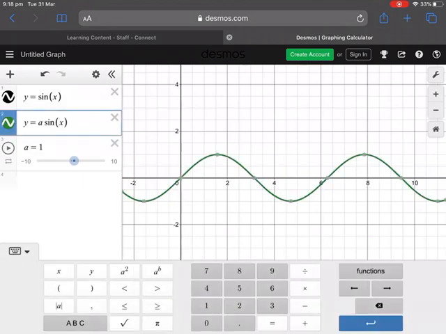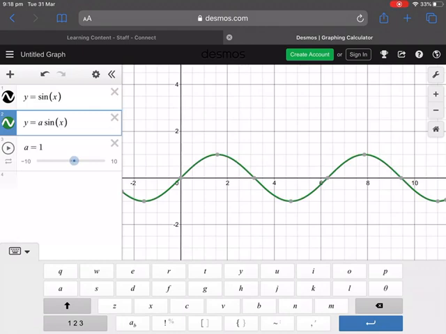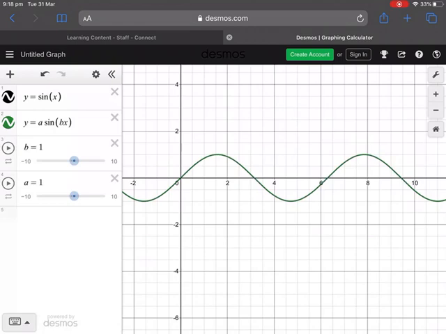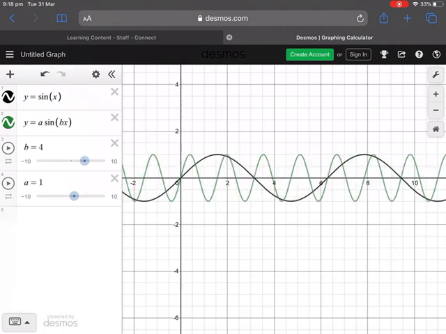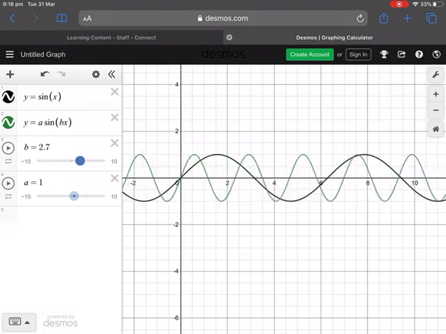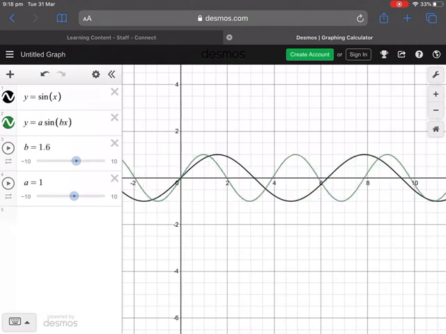So this time I'm going to add a b in front of the x. Let's see what happens when I change the b. As b increases, you can see the graph is compressing. If we get back to 1, what happens when we get less than 1?